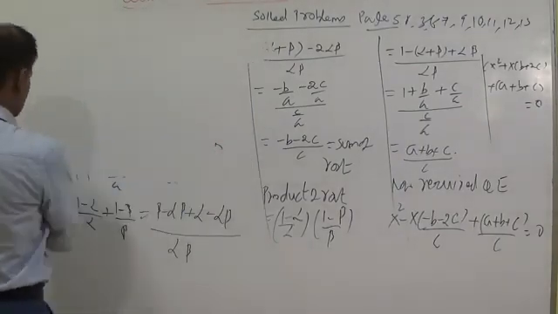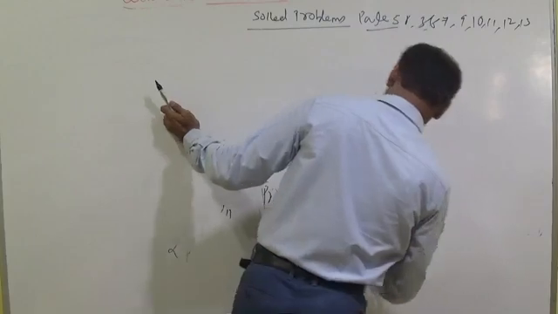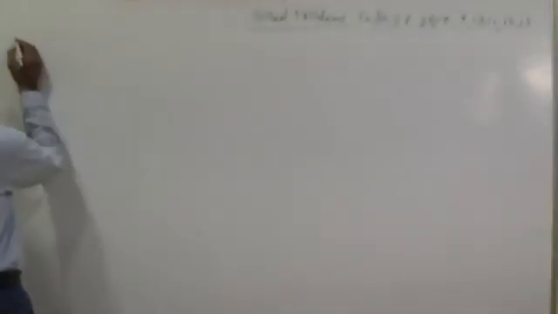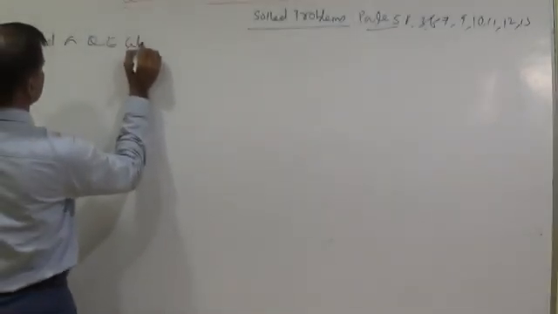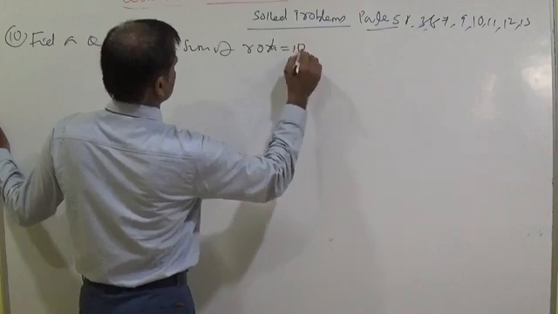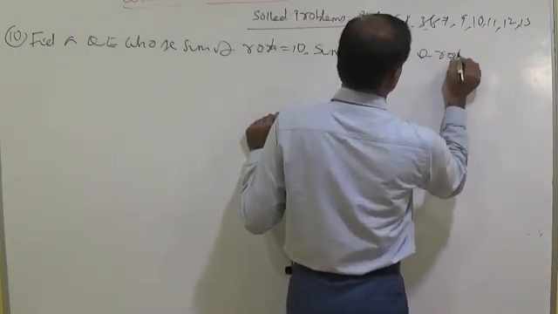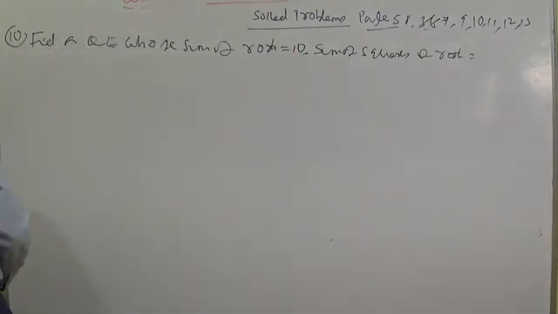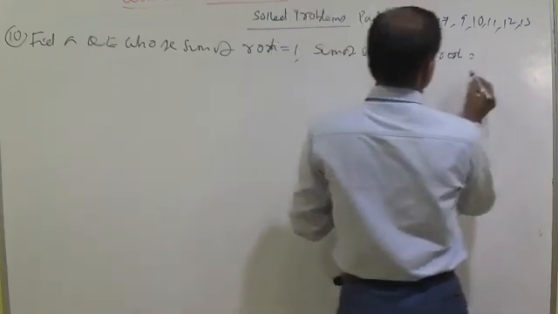Sum of roots equal to simply 1, and sum of squares of roots equal to 13.